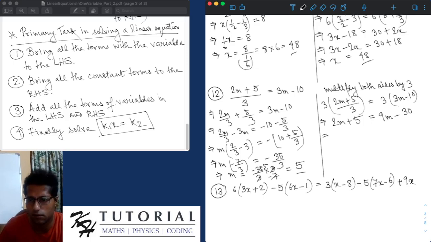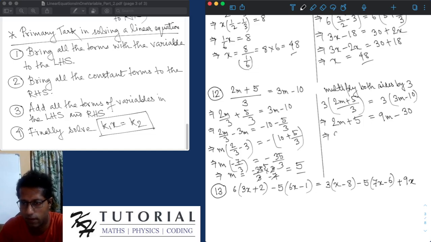Now we see that all the constant terms are integers and all the variable terms have coefficients as integers. Now we will bring all the variable terms to the left hand side and all the constant terms to the right hand side.